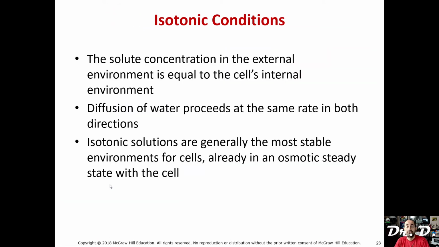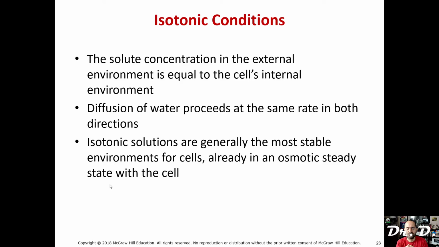Now, definitely know for the exam the concept of tonicity. What's happening with isotonic conditions, hypertonic conditions, hypotonic conditions? What would I want you to know? If I'm talking about solute concentration, I'm talking about what's dissolved in the water, for instance. If I'm talking about the solvent, I'm talking about the water. Usually with biology, it's water, right?